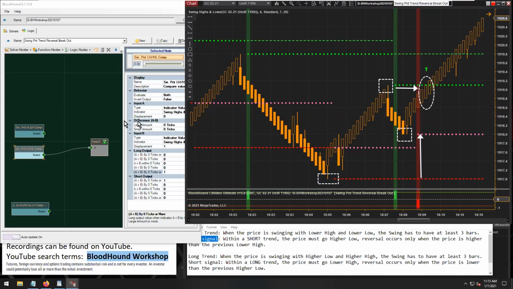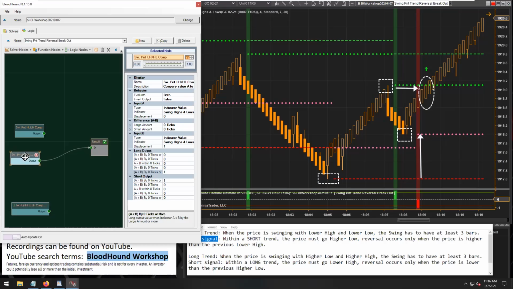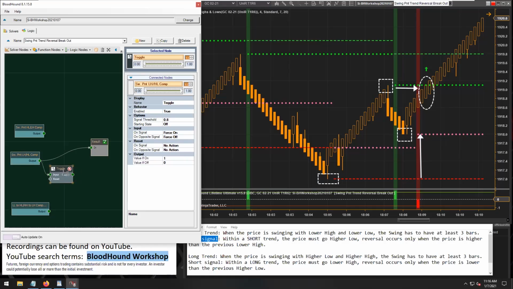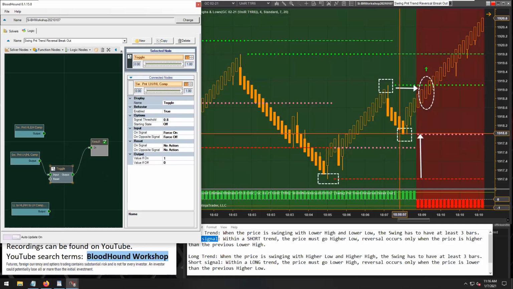It's not going to take too long, but really we don't know how long. So what I'm going to do is stick that into a toggle node. And the toggle node is going to hold on to this basically forever.